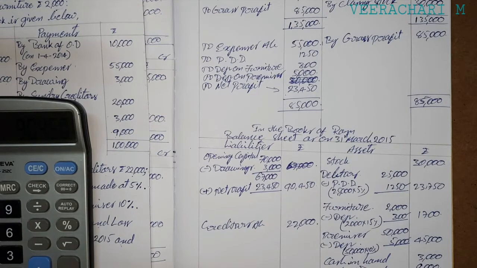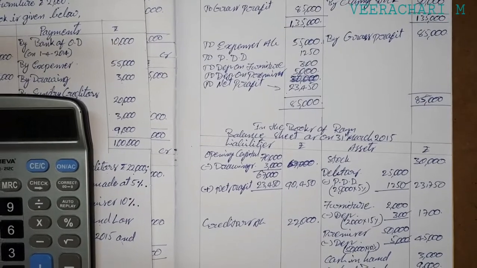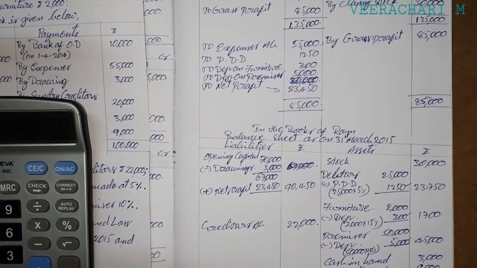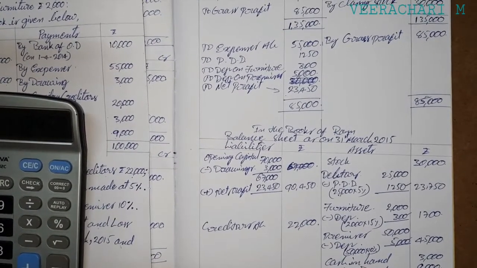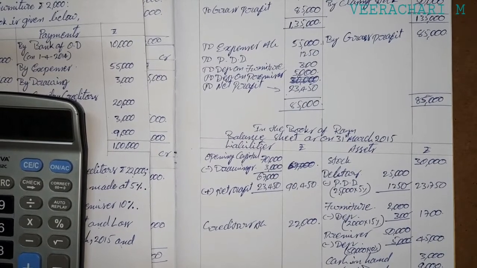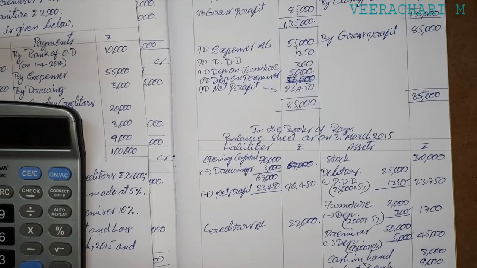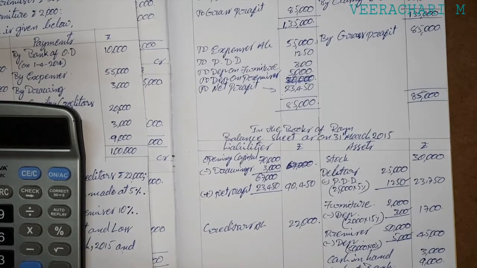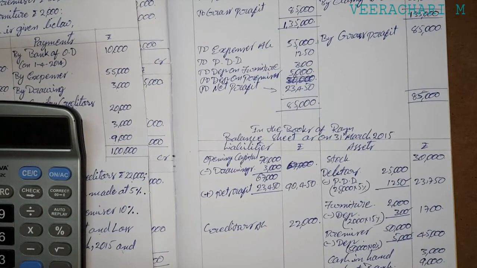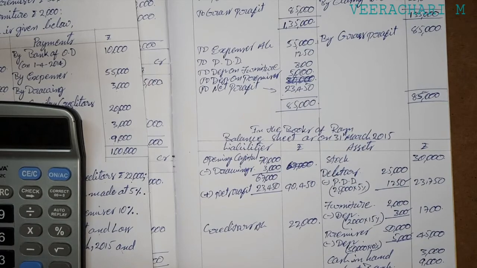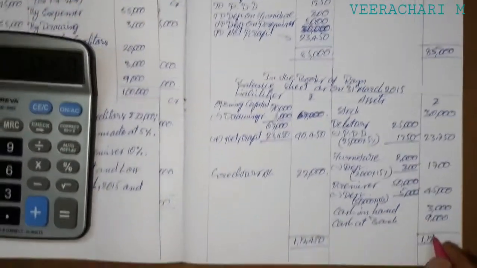Now you can total the balance sheet. One hundred percent it should tally, or otherwise there are some mistakes in the solution. Once you check, the total of liabilities is 1,12,450 and the total of assets also 1,12,450.